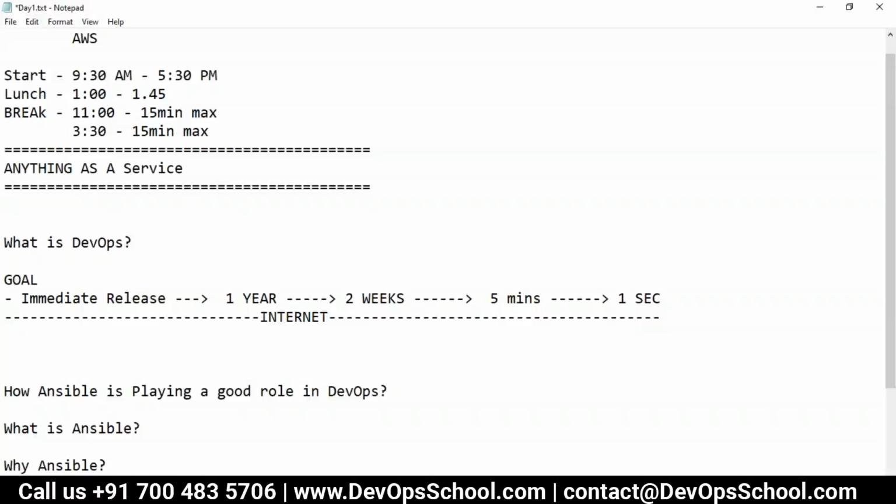Think about it. When we had one-year releases, the internet was either not there or minimally accessible. We were running applications not for the internet but on a desktop. Still we run applications on desktops, correct? That was not connected to the internet.